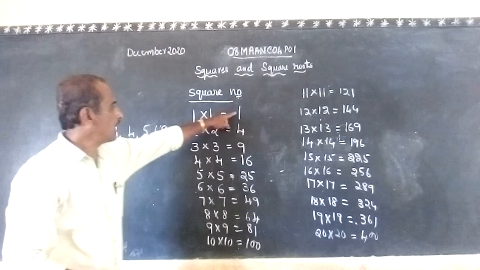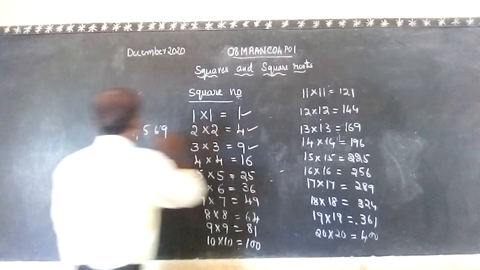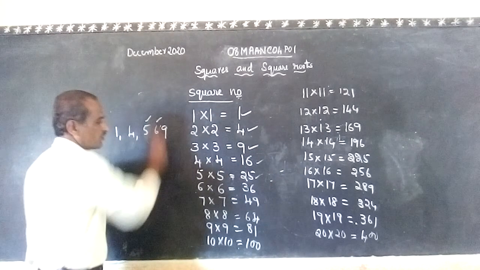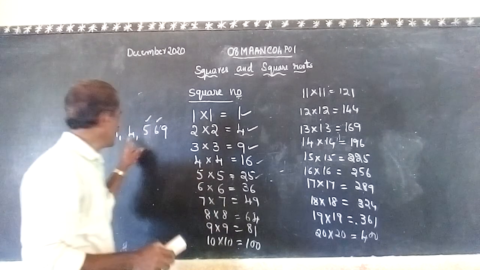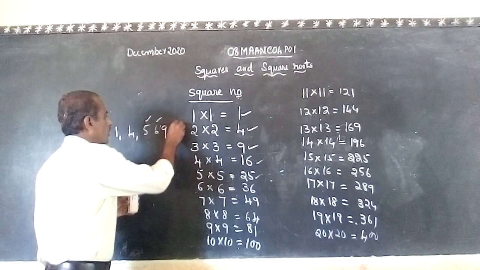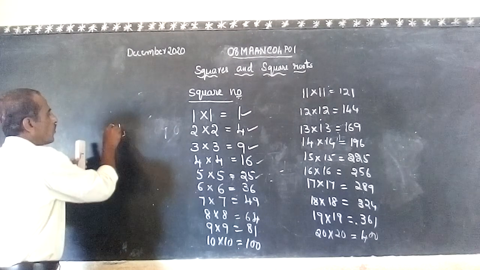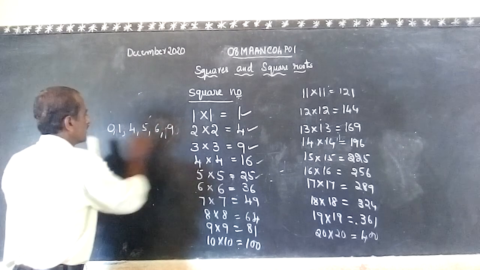No other number. 1, 4, 9, 1, 4, 9, 5 or 6. See 6 again, 9 again, then 4 again, then 1 again, then 0.